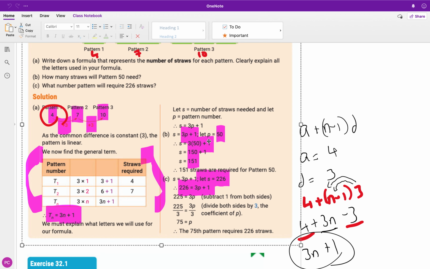So we bring the 1 over here and change the sign. So 3p is 225, because 226 minus 1 is 225. And if 3p is equal to 225, 1p is going to be equal to 75, because 225 divided by 3 gives you 75. So 226 straws will be in the 75th pattern.